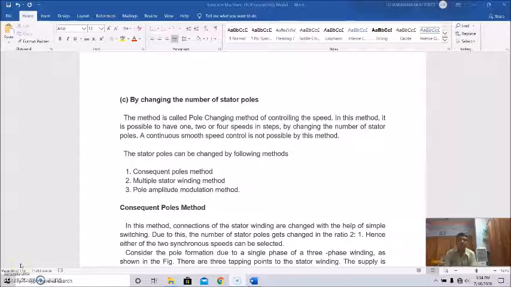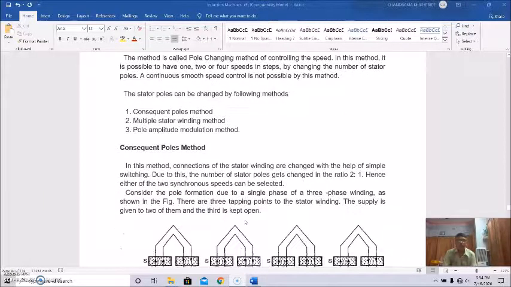We discussed that there are three methods by which the stator poles can be changed to impart speed control of the induction motor, and we discussed the consequent poles method. Today we will discuss the multiple stator winding method, and later the pole amplitude modulation method and so on.